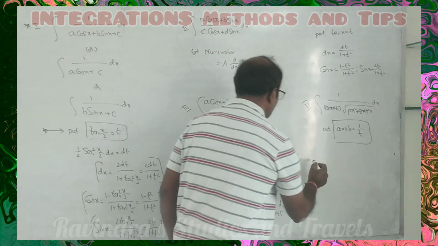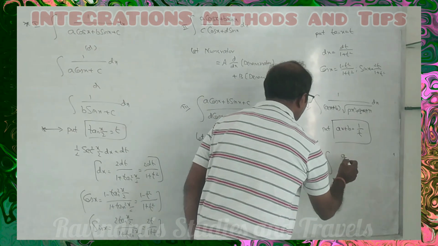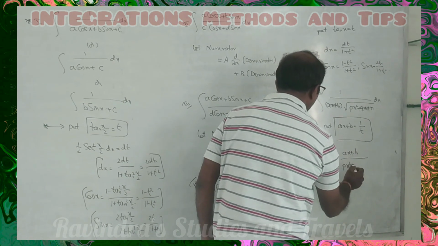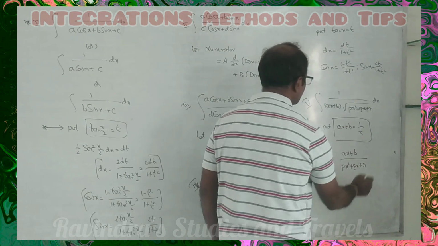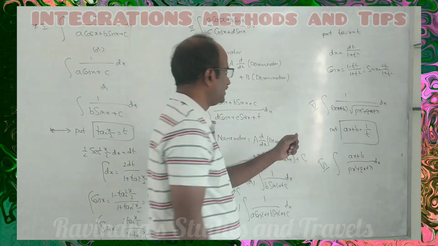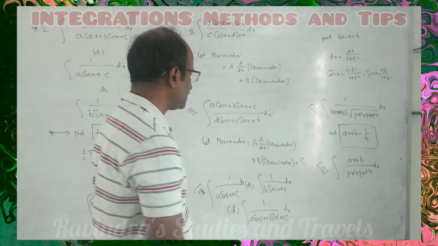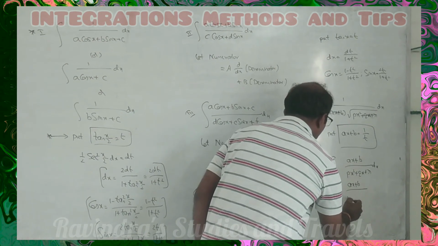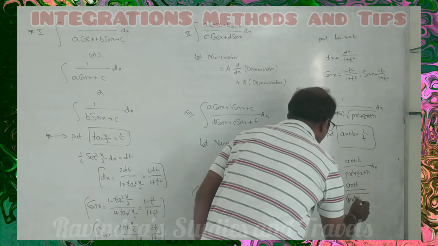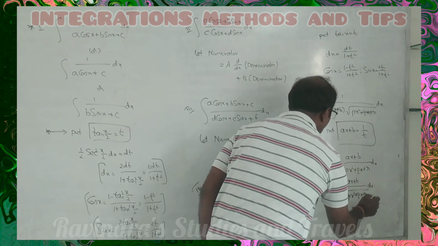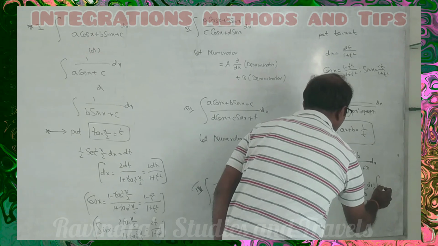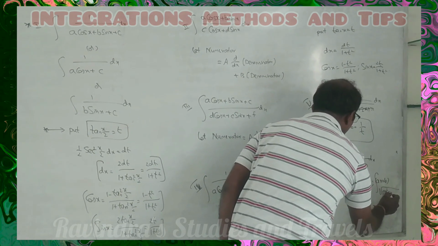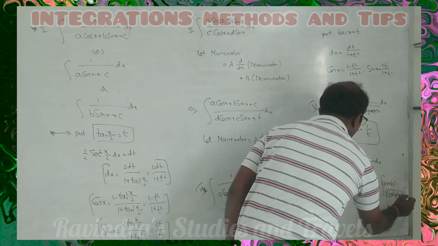Next model: integral ax plus b by px square plus qx plus r dx, or integral ax plus b by root of px square plus qx plus r dx, or integral ax plus b into root of px square plus qx plus r dx.